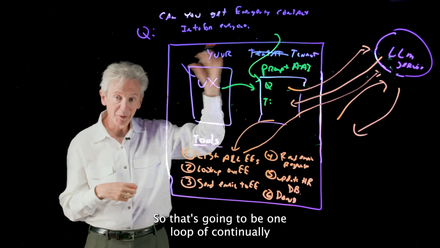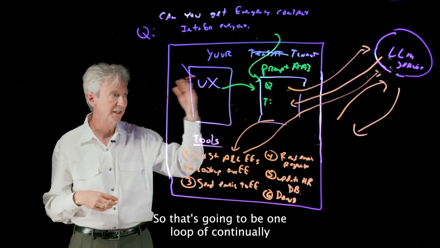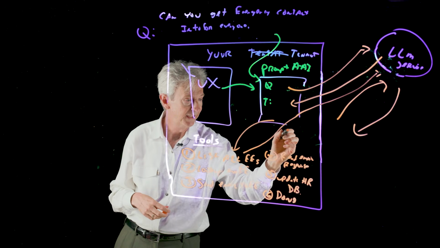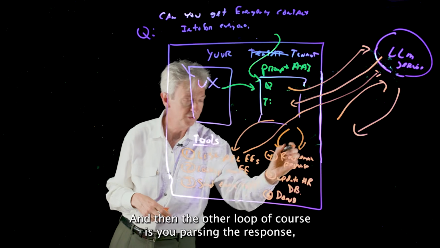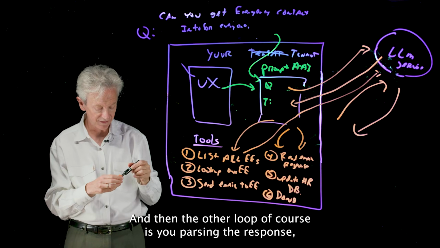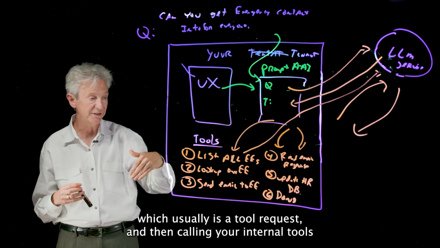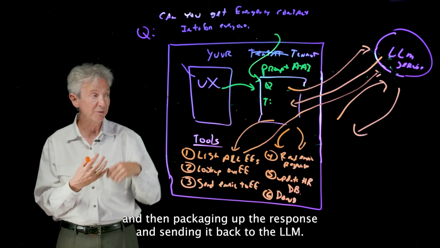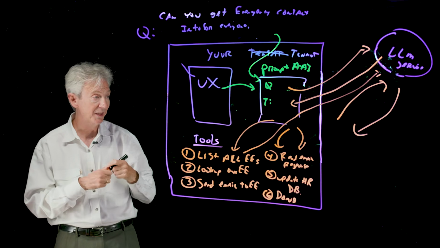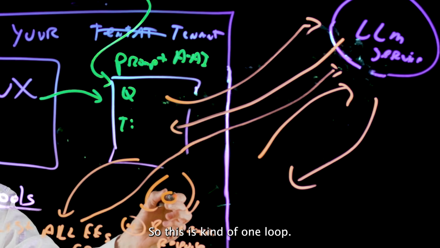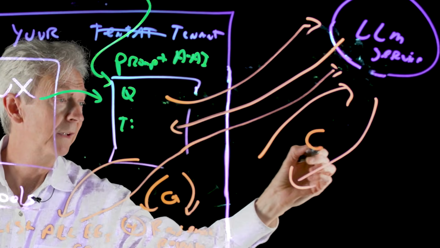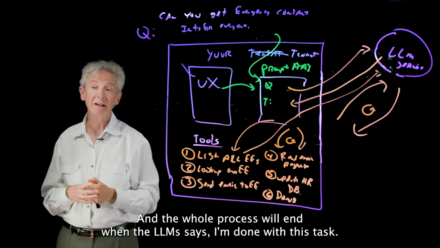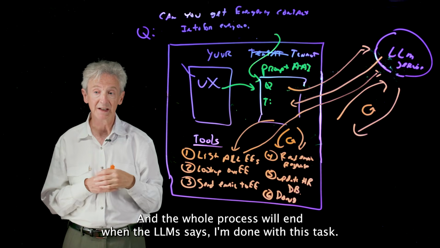The other loop, of course, is you parsing the response, which usually is a tool request, calling your internal tools, and then packaging up the response and sending it back to the LLM. So this is one loop, and this is another loop. And the whole process will end when the LLM says, I'm done with this task.